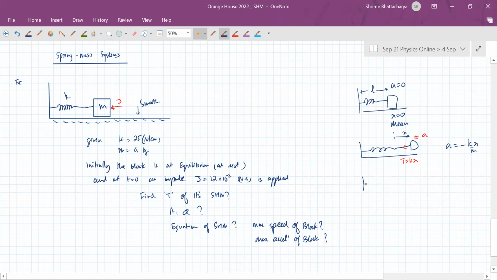Or when we take it to a negative displacement, now the tension like this again creates an acceleration. It's opposite to displacement. So d2x by dt square is minus k by m x. So omega square is k by m.